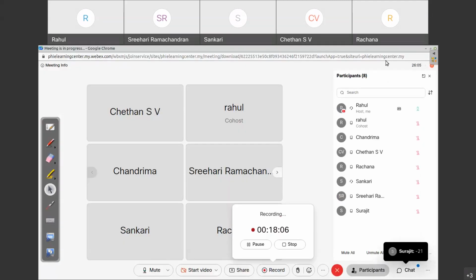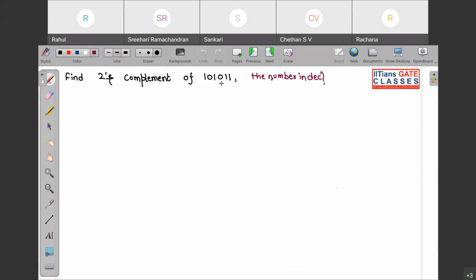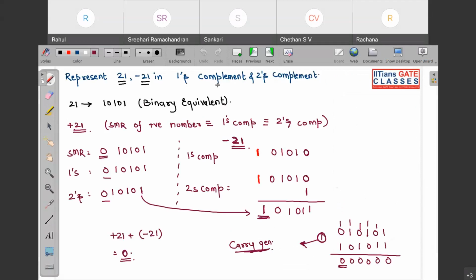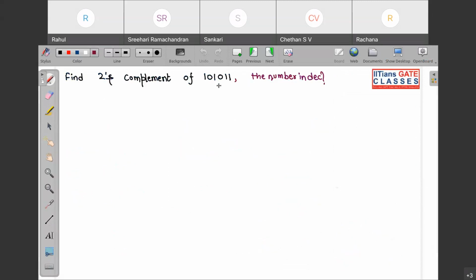Nobody is able to answer. Why? Minus 21. Oh, have I taken the same number? Okay, so I have taken the same number. Fine, let us solve this one first, then I will tell you.